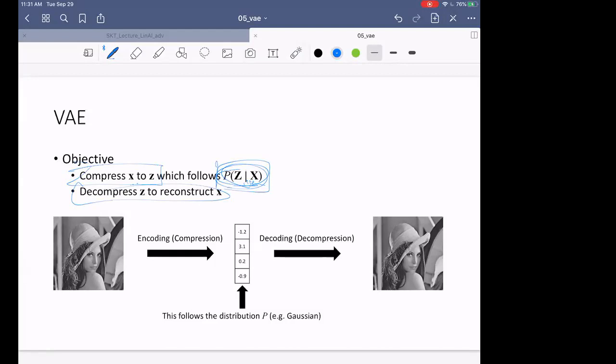We're going to assume that this follows a distribution, almost always a Gaussian distribution. So we assume that P(Z given X) follows a Gaussian distribution, and encoding becomes your approximate posterior, because you're deriving Z given X. Ideally we want to learn the true posterior P(Z given X), but as I said, this is almost impossible to do.